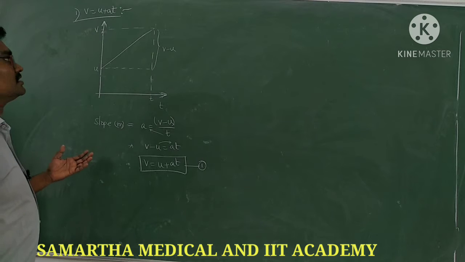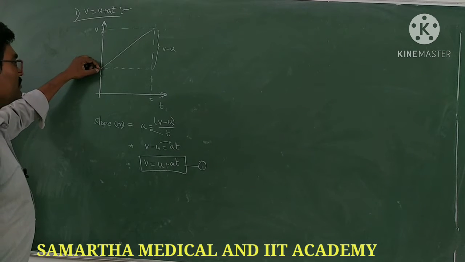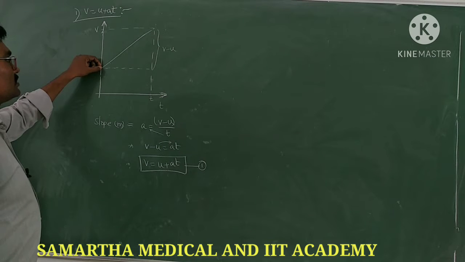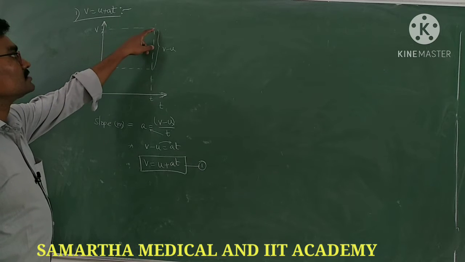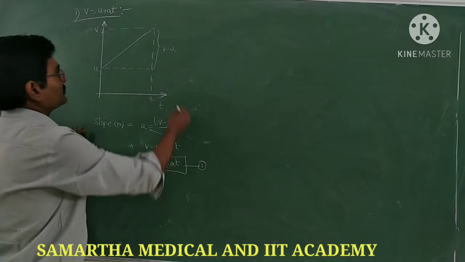What do we need to consider? The data. Consider a particle moving with an initial velocity u along a straight line. As time increases, the speed of the particle also changes to v. So that is what we will write.